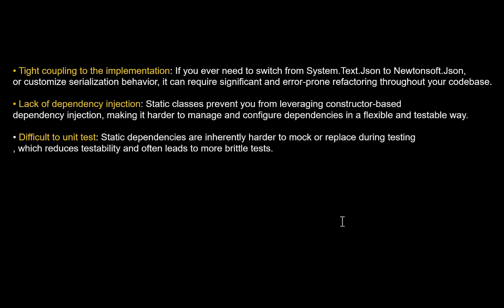This means testing and mocking would be a nightmare or kind of impossible. So, what is the solution? The solution is so simple. Let's jump to Visual Studio again and see what we can do.